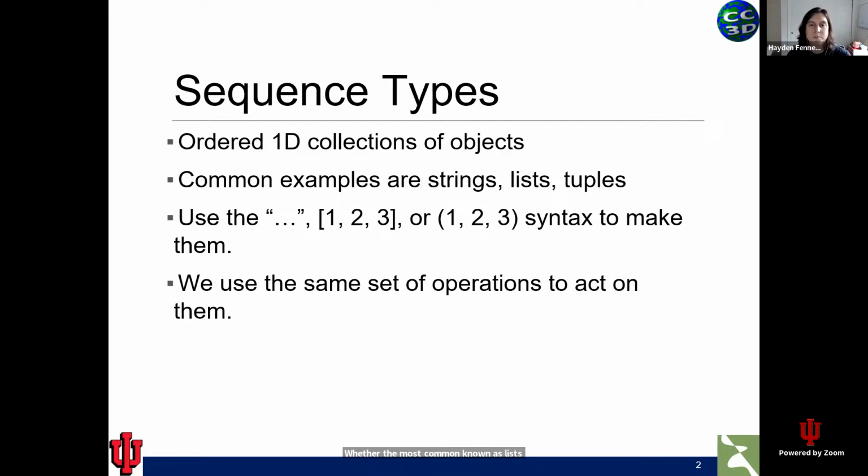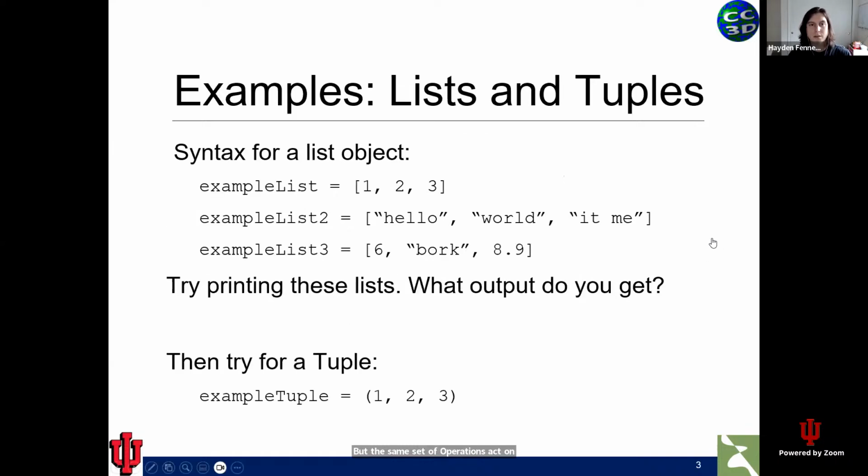We use bracket formatting for specifying lists in Python. In this case, hard brackets would be a list. Parentheses are a tuple. We'll show you how to do that in a slide coming up. But the same set of operations act on different sequence types. For example, the syntax for a list object would be example list, and then in brackets, you would have 1, 2, 3.